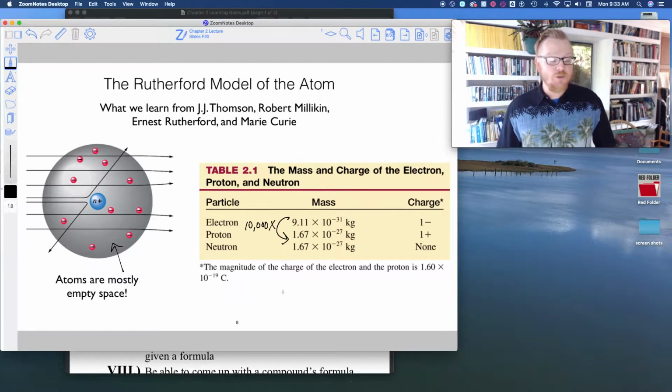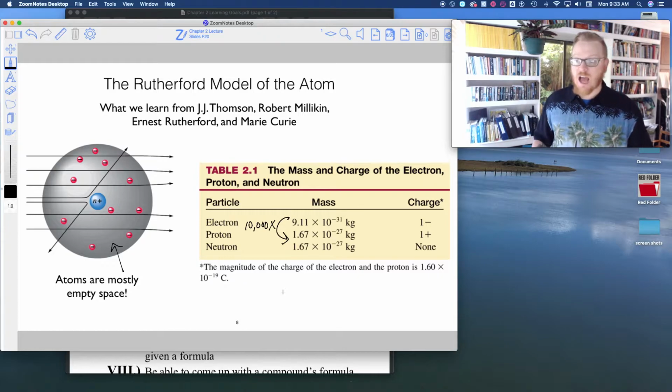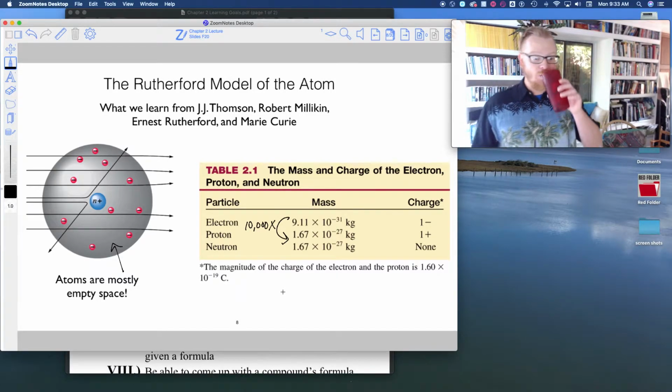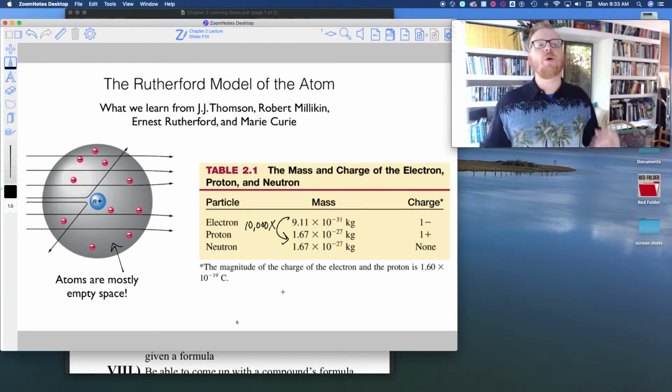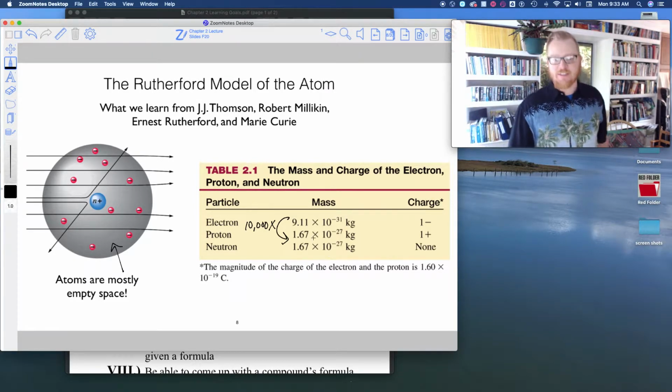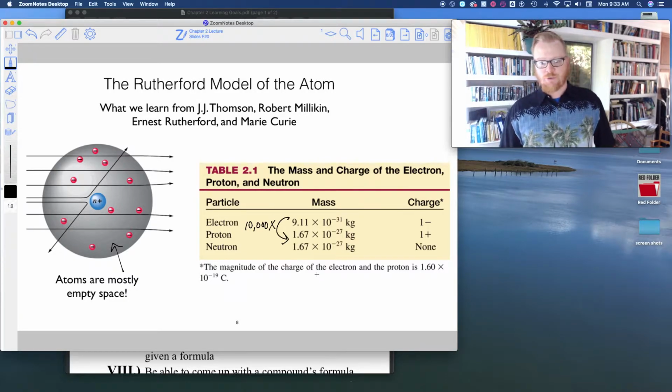So the protons and the neutrons are 10,000 times more massive than the electron. And so the vast majority of the mass of an atom is in the nucleus, in the protons and the neutrons, okay? And then the charge, they were able to discover, the electron is -1, the proton is +1.